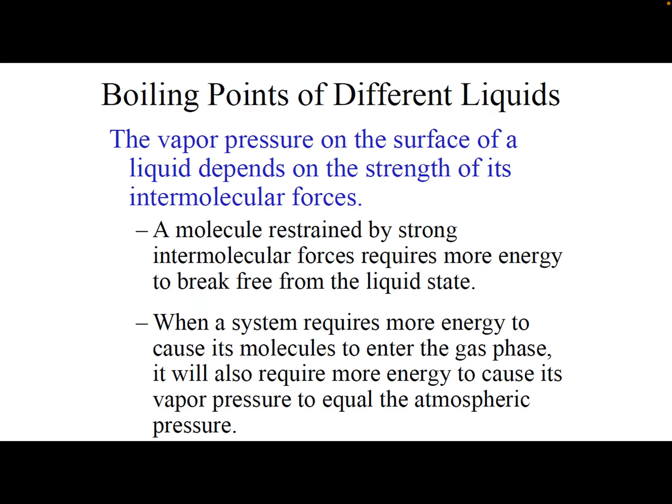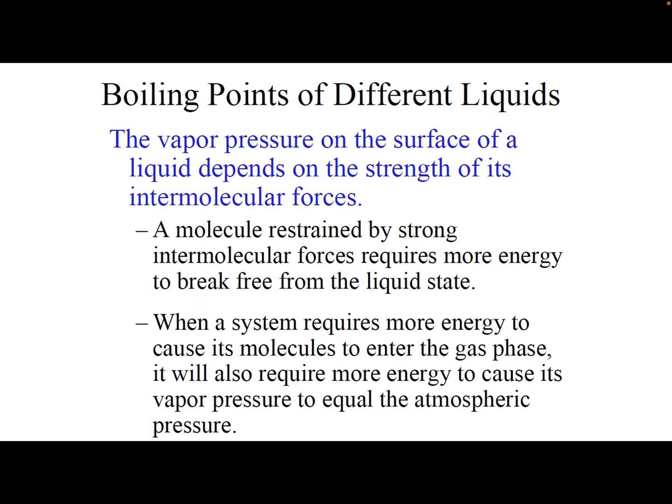Different liquids, because the partial pressure of a certain gas is determined by the relative number of the particles that are present. The vapor pressure on the surface of a liquid is going to depend on the strength of its intermolecular forces.